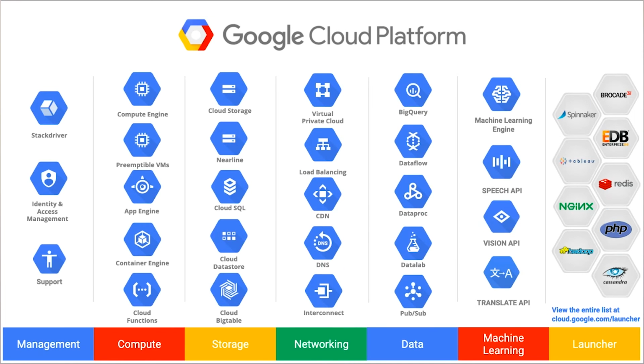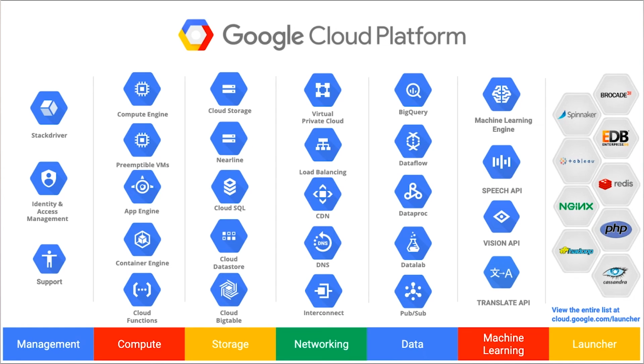Let's look at what Google offers in this space. There is a different set of applications and services that Google offers, right from the infrastructure, which is all my compute, storage, networking, to platform as a service, like App Engine or platforms for containerization such as GKE, Google Kubernetes Engine.